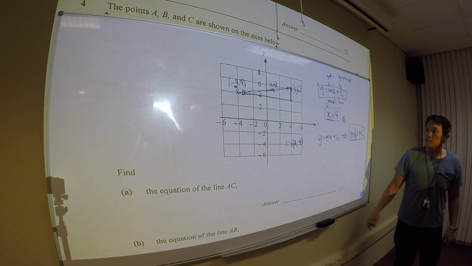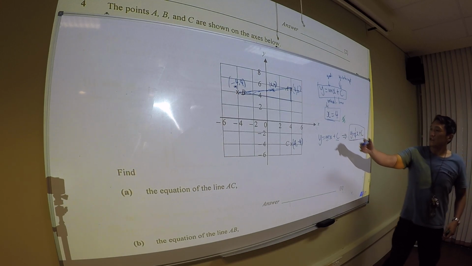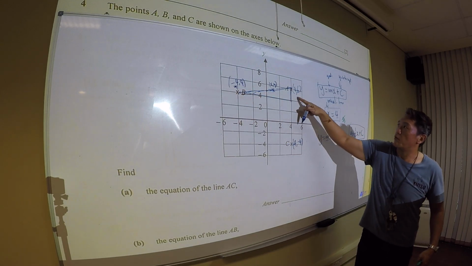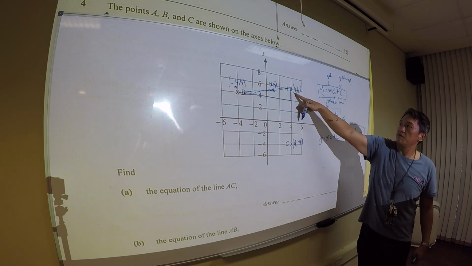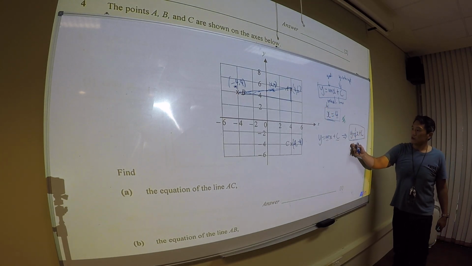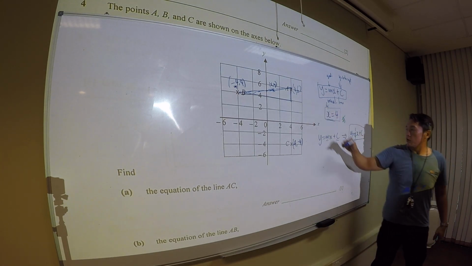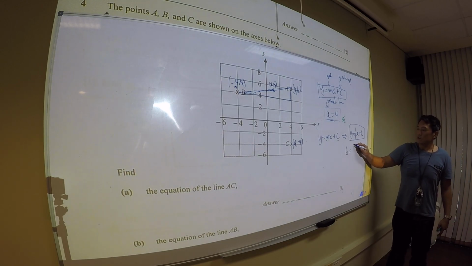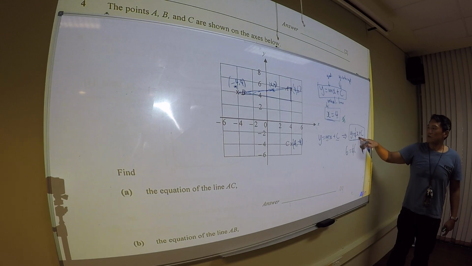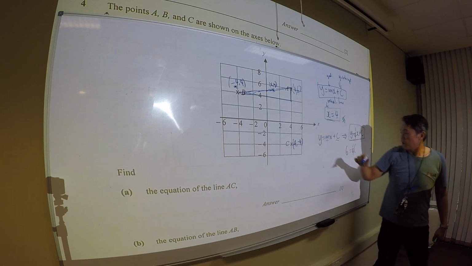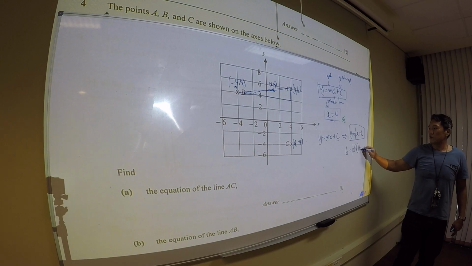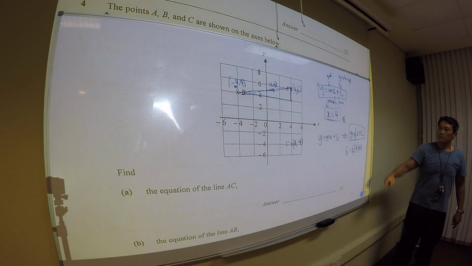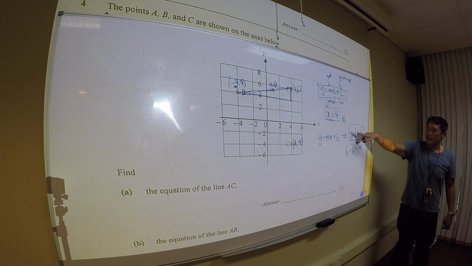See which number is easier. So for me, I think here has a negative, so I don't choose point B. I choose point A. Point A is positive x, positive y. So for y, I put in point A: 6 equals 1/4 multiplied by x. x is 4, I put in 4, plus c. My left must be equal to my right because point A lies on this line.